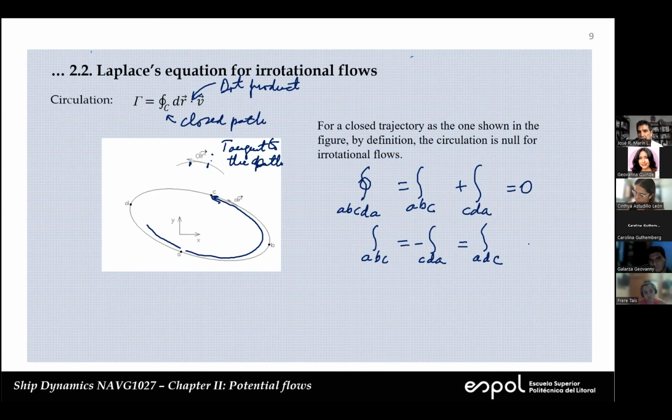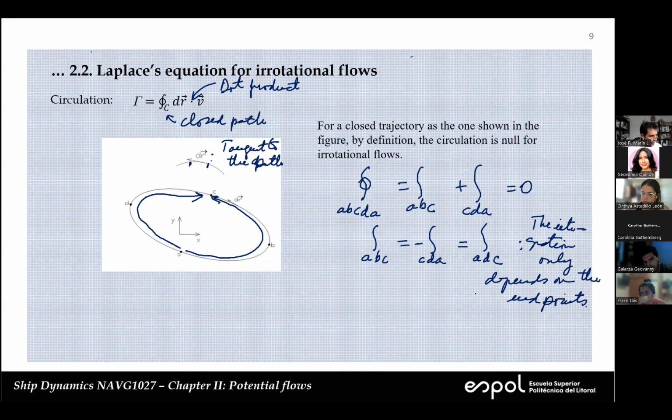That means that the path is different. The only points which coincide are the first and the end. So that means that the integration only depends on the end points.